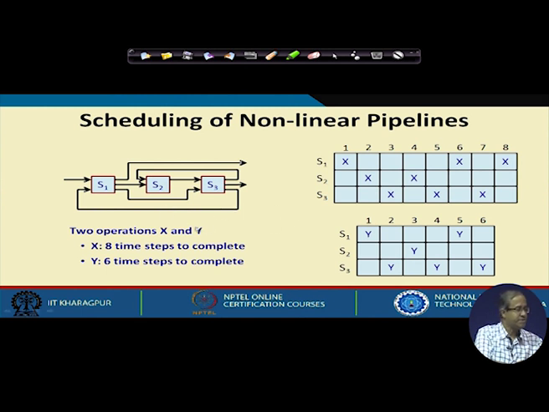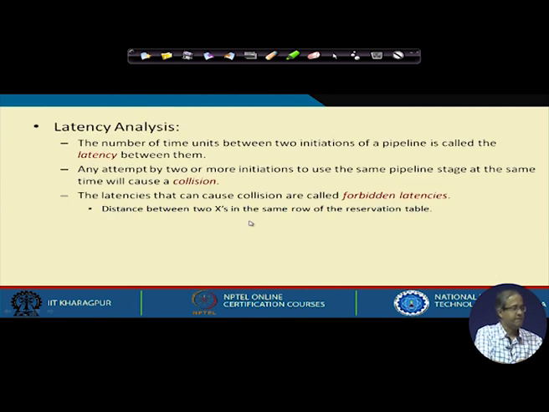Scheduling actually means that if you are not careful enough when you are applying consecutive inputs, say the first input, during computation, may be in S2, and the second input is also trying to go into S2 at the same time, it cannot happen that way, so one of them has to wait. So, we shall be doing something called latency analysis.